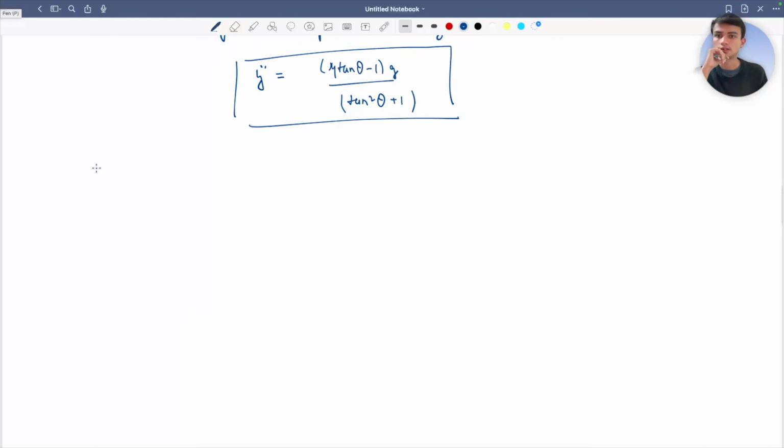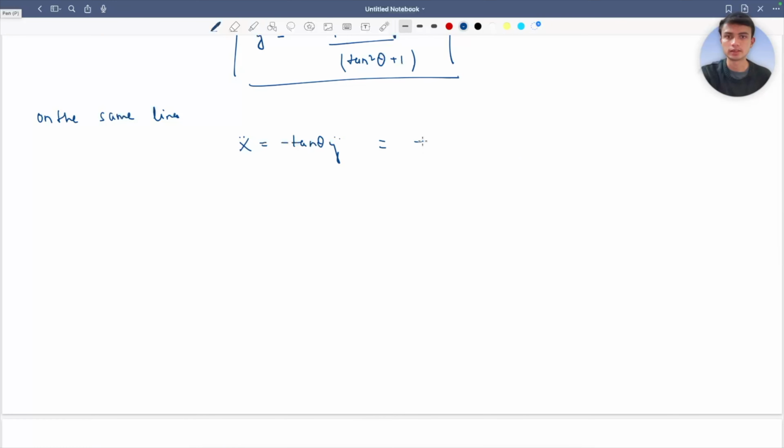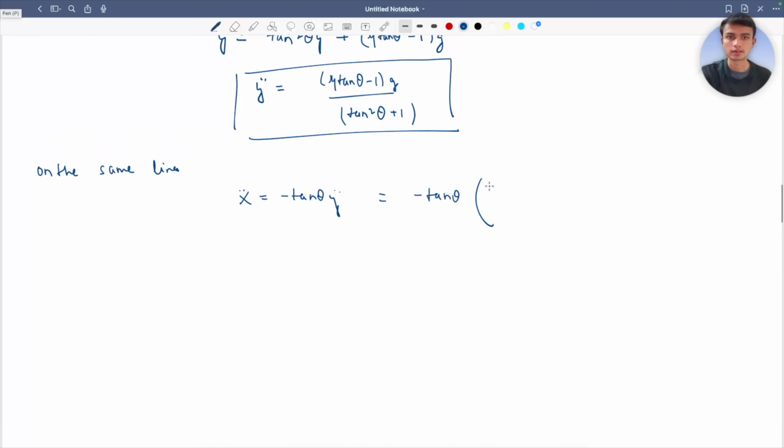And now similarly, on the same lines, x double dot equals minus tan theta y double dot. So that will be minus tan theta times (mu tan theta minus 1) g divided by tan square theta plus 1.